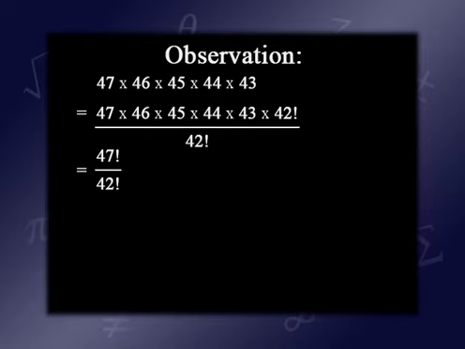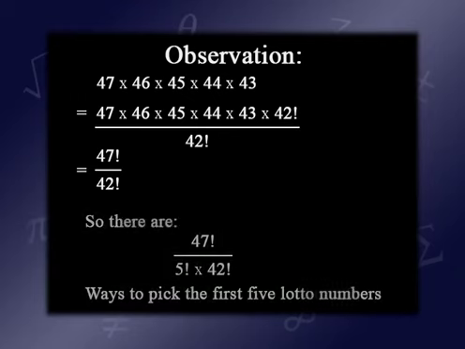So those quantities are the same thing. They just look a little bit nicer in the second form. And the number of ways of picking 5 different numbers out of 47 is that quantity divided by 5 factorial. So you get this rather pretty looking expression, 47 factorial divided by 5 factorial times 42 factorial. That's the number of ways of picking the first 5 lotto numbers.